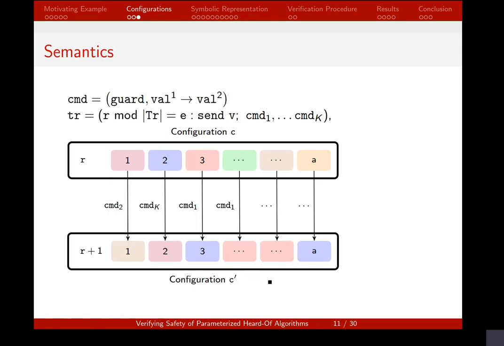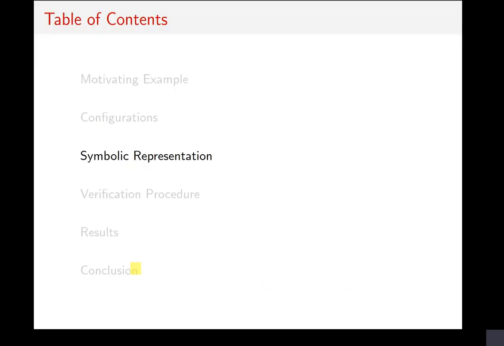Now the semantics of the transitions is as follows. For a configuration C that takes transition TR, we will end up in a configuration C prime whose round number is the round of C plus 1 and who has exactly the same number of processes as configuration C, and its processes are based on the guarded command which is taken by the processes in C. So there is a mapping from all the processes in C to the guarded commands that they take, and this will result in processes in configuration C prime.